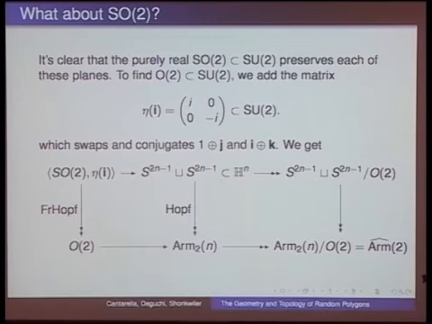And the moduli space is two copies modded out by this O2, so either acting coordinate-wise by SO2 or swapping the two spheres by the action of the eta matrix. And downstairs we get arm2 mod O2, which is our arm2 hat. So the beauty of this is sort of an equivariant model for space polygons and within them plane polygons.